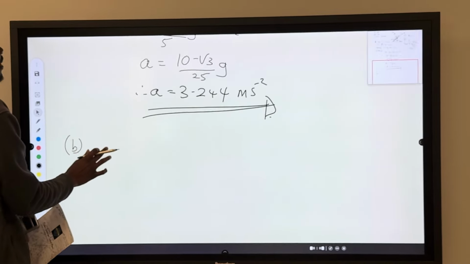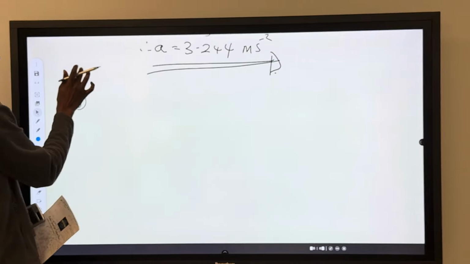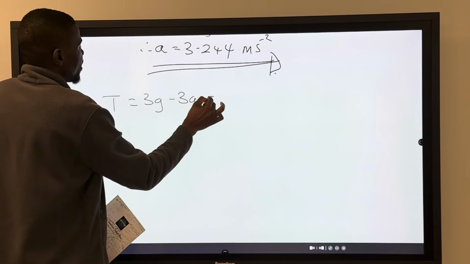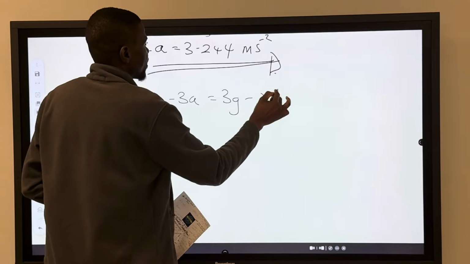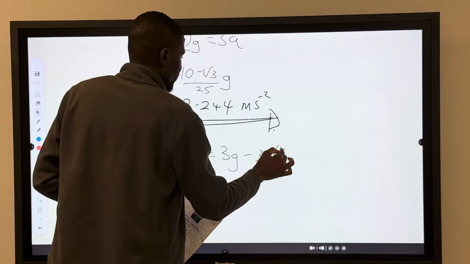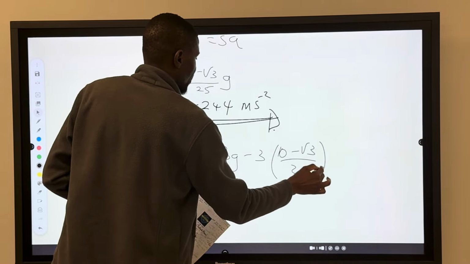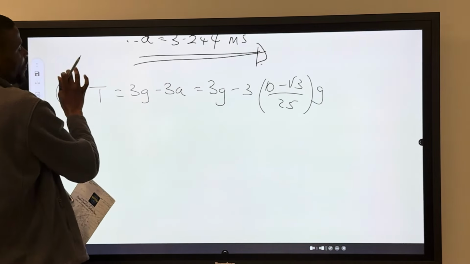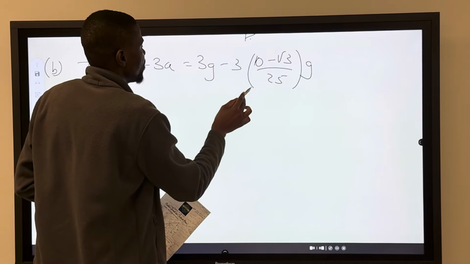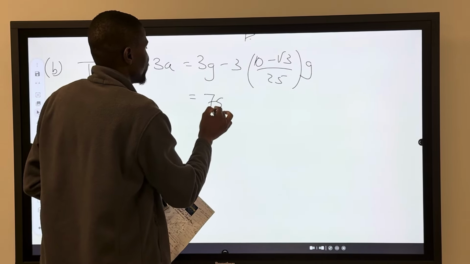to find the tension, we just need this equation, T equal to 3G minus 3A. So T equal to 3G minus 3A, which is 3G minus 3, then for A, let's use 10 minus square root of 3 over 25G. Right. So first we need to write the exact value, so it's going to be 25 times 3, that's 75G.